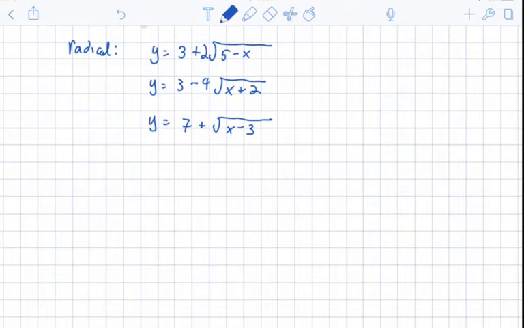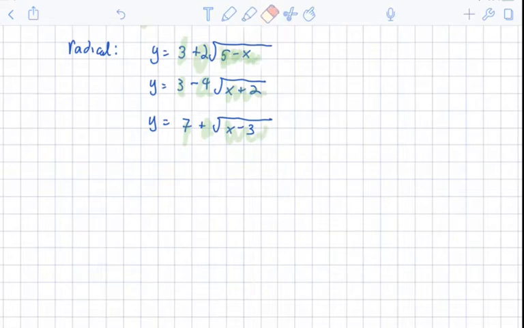Radical expressions, in this case, the kinds I'm going to ask you to be able to draw, they always have some constant number, and then plus or minus another constant. And then on the inside, it will always be a monomial, x plus some number or x minus some number, something like that, okay? It will never be a quadratic inside there.